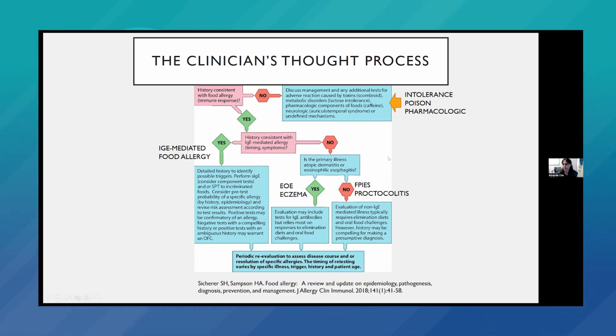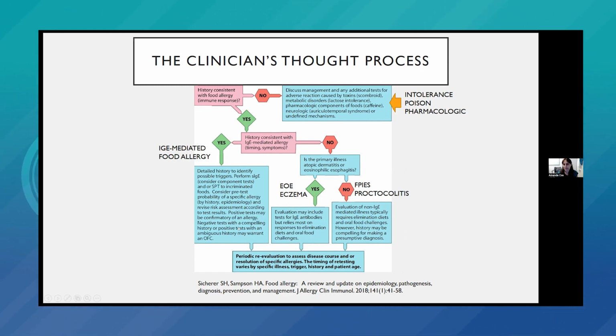And if I don't think that it's EOE or eczema, I may be thinking along the lines of FPIES and proctocolitis, non-IgE-mediated illnesses. So in these cases, the history is going to be very instructive.